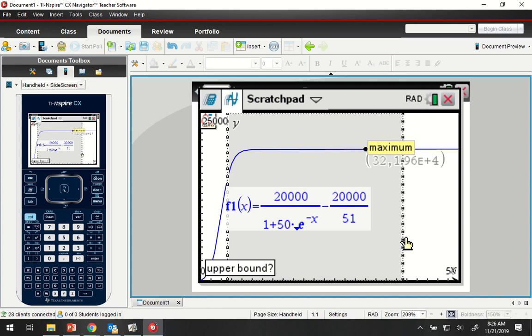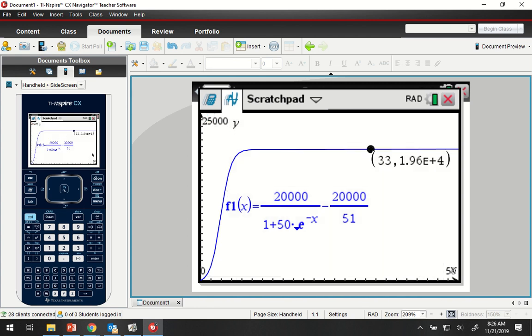It's not increasing. Oh, never mind. It looks like it's increasing, but it could still be increasing, and I just can't see it anymore, right?